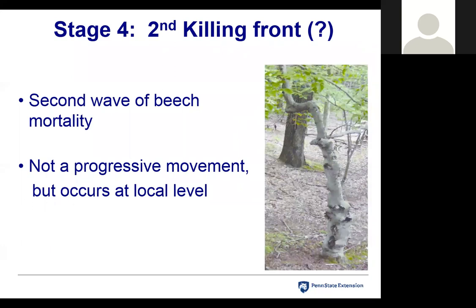So what they're seeing is increased levels of both the scale and the neonectria, not just the low level that is persistent with the aftermath forest. And this is not a progressive movement of the disease like we saw in the last several decades. This tends to occur at very local, isolated populations, but it has been observed in several areas.